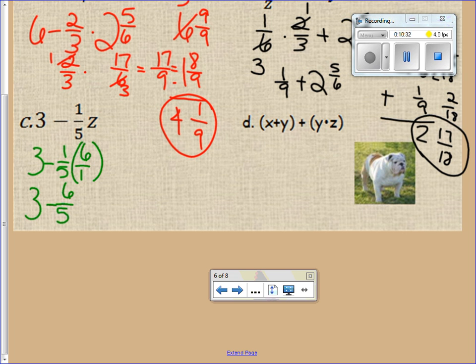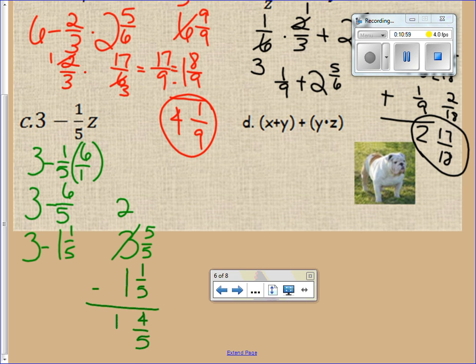Now I have 3 minus 6 over 5. Now I'm going to move off to the side. I'm going to rename this number so that I can subtract. My final answer will be 1 and 4/5.